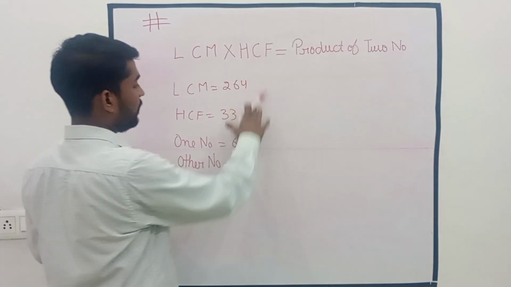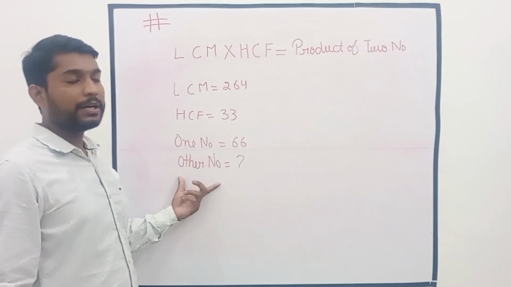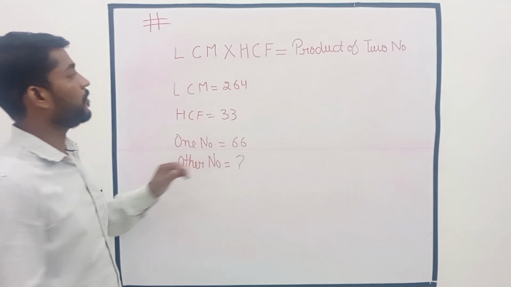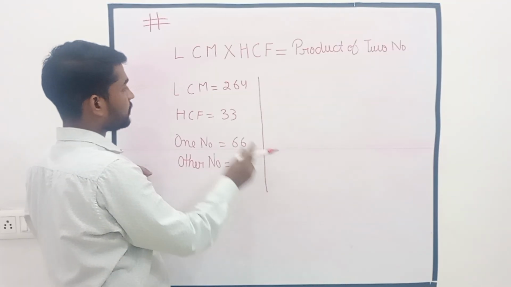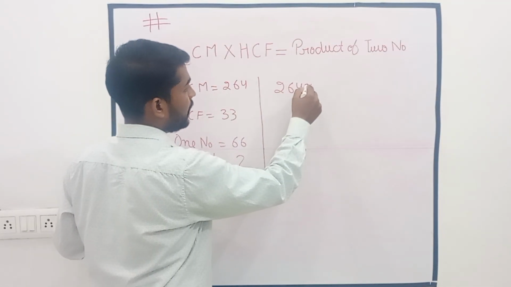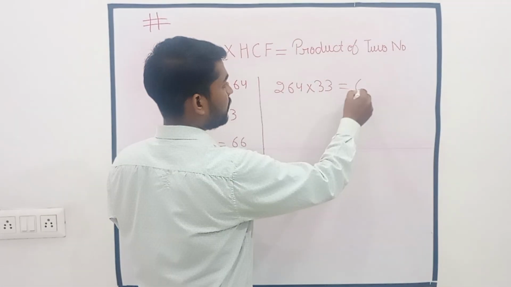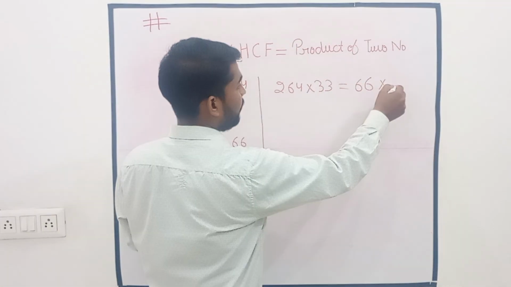With this data given, they ask for the second number, so we use this formula. The product of 264 and 33 equals the first number times the second number.